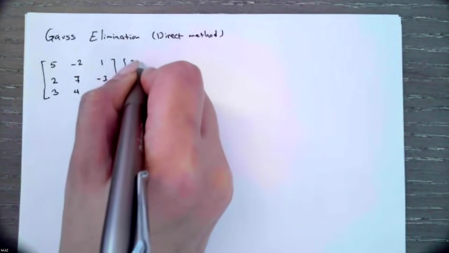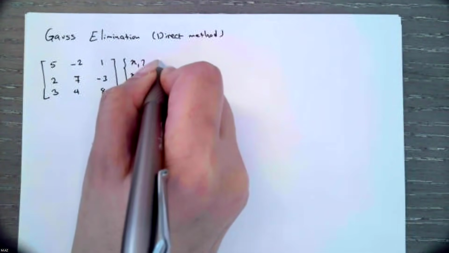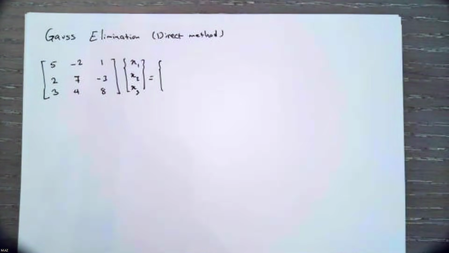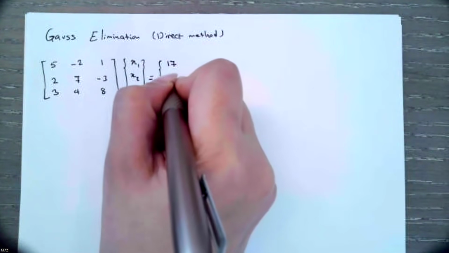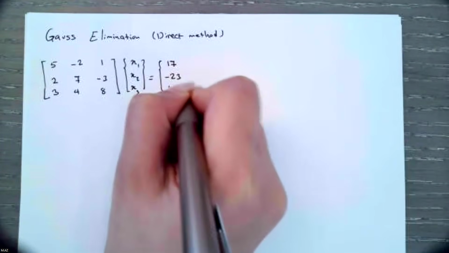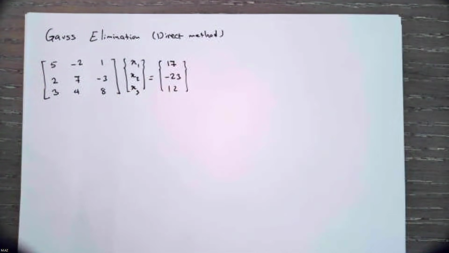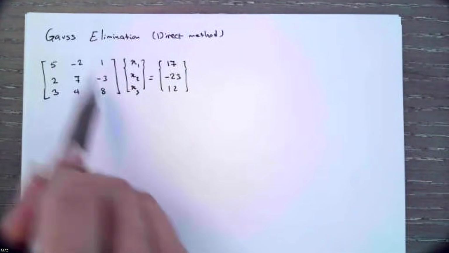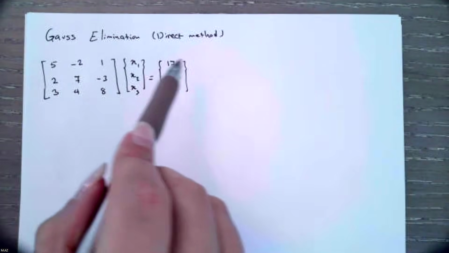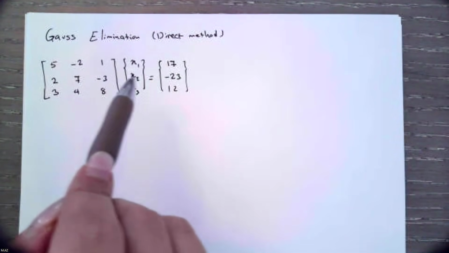This is the variables that we have to find. And this is the right-hand side of the equations. The problem mentions without pivoting on the system of equations, answer the questions.